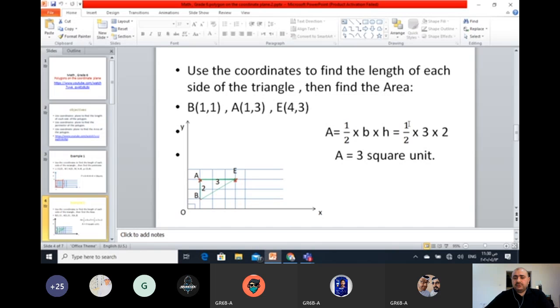So I can write 1 over 2, the value of the base will be 3. So write here 3. The value of the height will be 2. So write here 2. Now you can solve. 2 times 3 will be 6 times 1 will be 6. Divide by 2 will be 3. Or for easy way, you can cancel 2 with 2. It means just 3. It's up to you.